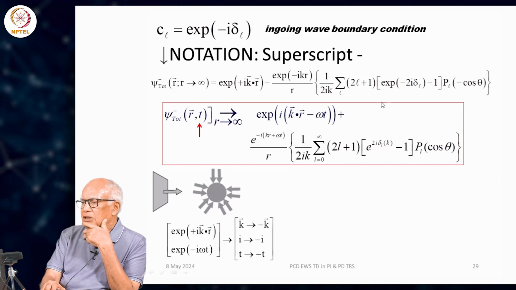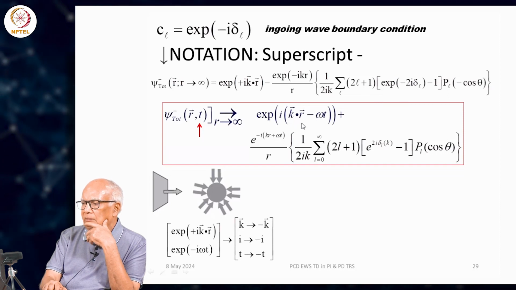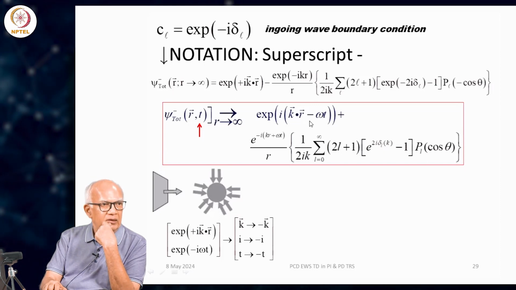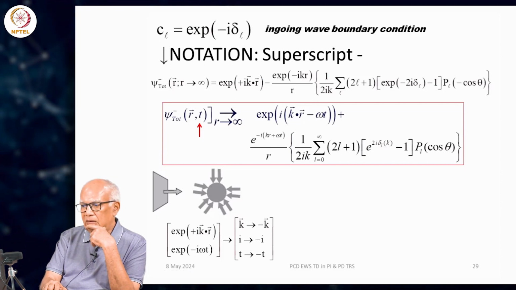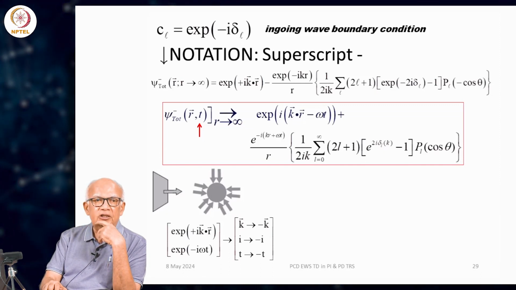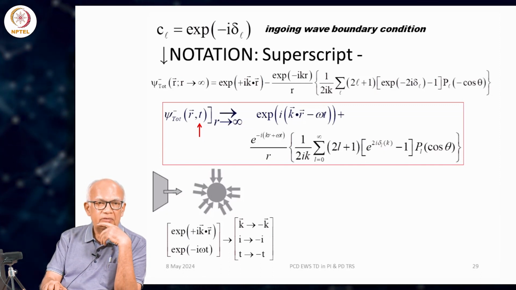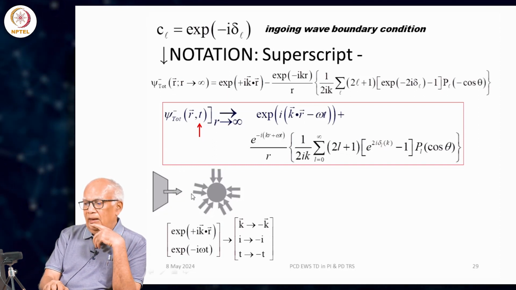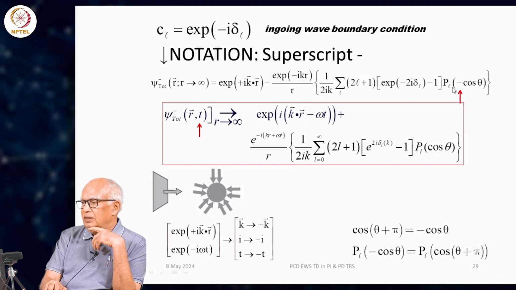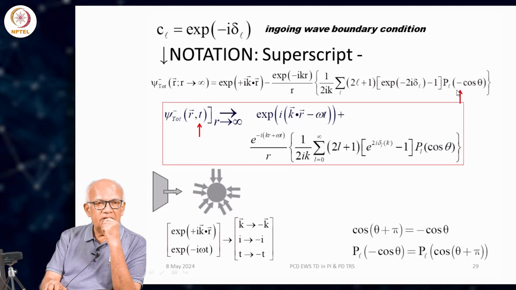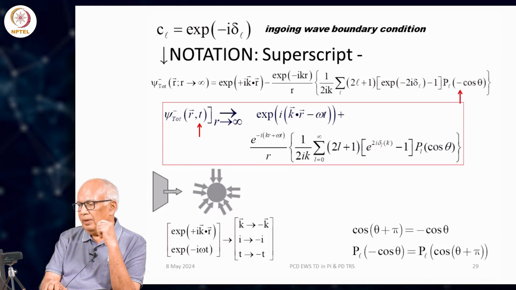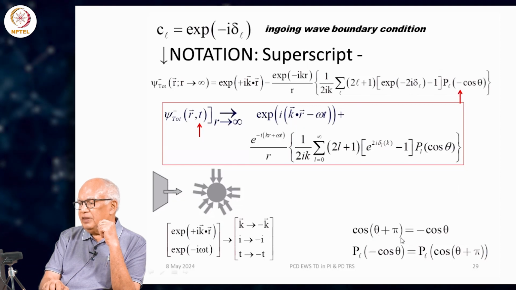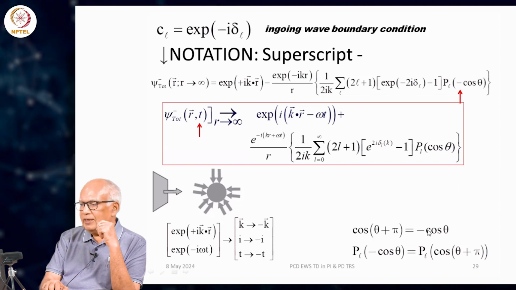So, now k dot r minus omega t is a plane wave moving from left to right, if right is the direction of the z axis, if not otherwise. And what we really expect, there is this minus sign which is of importance over here. Mind you, cosine of theta plus pi is minus cosine theta.